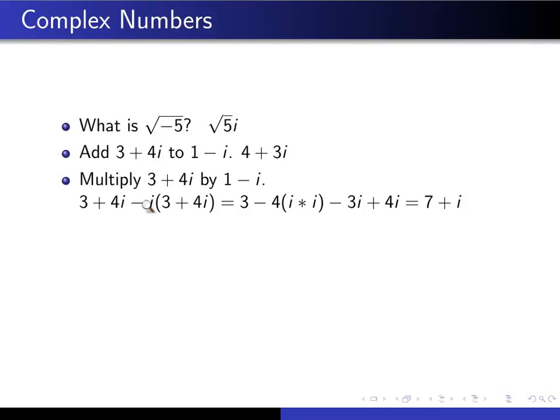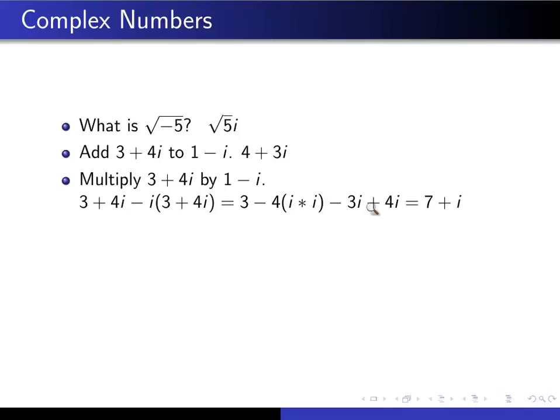and 3 multiplied by minus i gives us minus 3i. So we add these terms, we end up with 7, because that's 3 minus 4 i squared, i squared is minus 1, so this becomes plus 4, and 3 plus 4 is equal to 7.